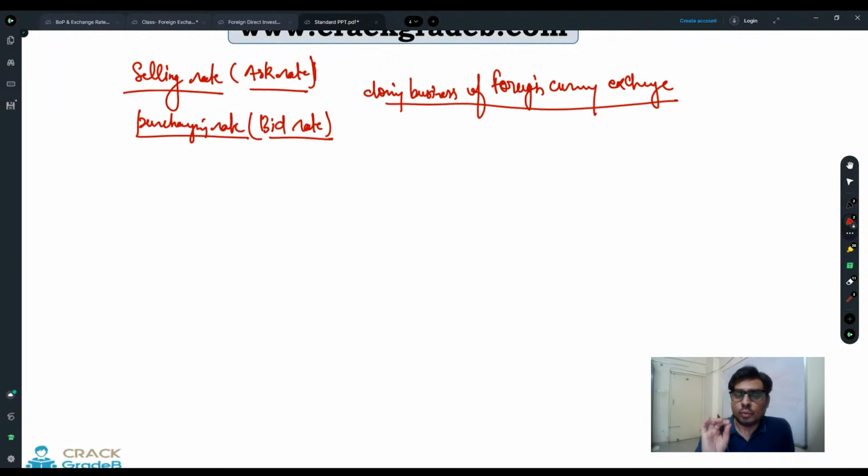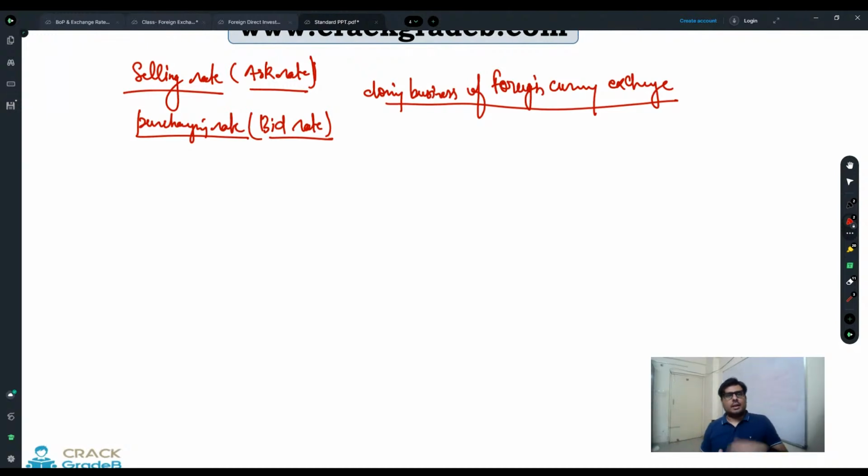Fine. Whereas there are some people who are involved in import and export activity, and they do need currency. There are people who are going to visit a foreign country, and that is why they need currencies, right? There are some people who deposited their money in USA in their NRE, NRO or FCNR account.